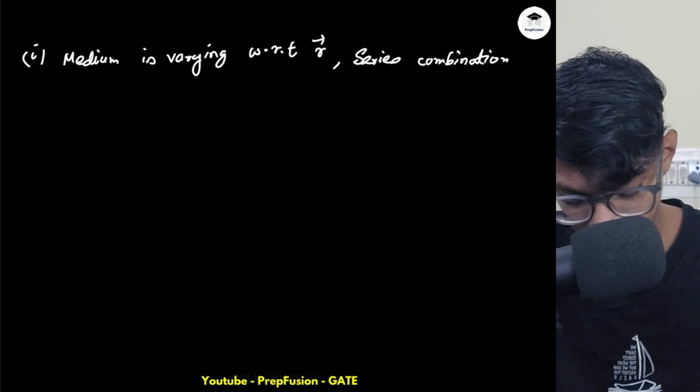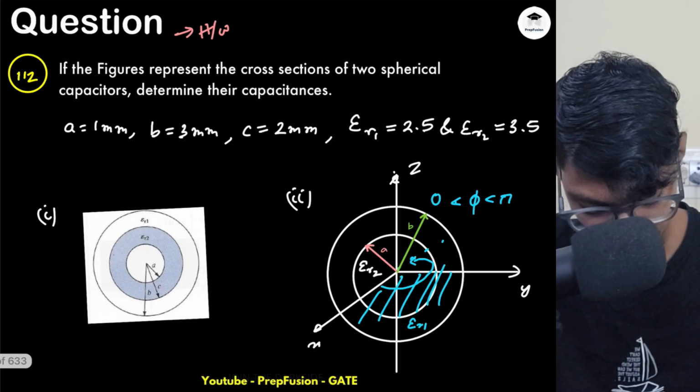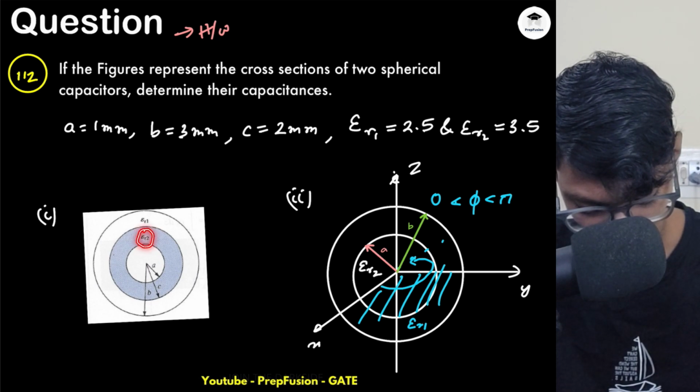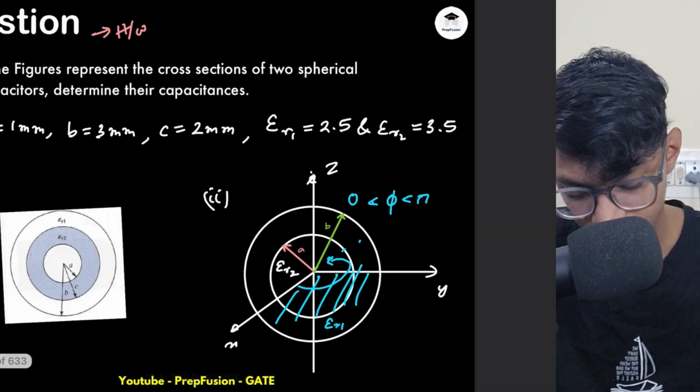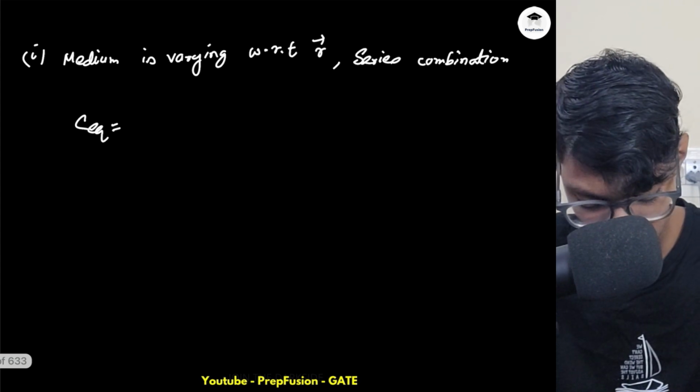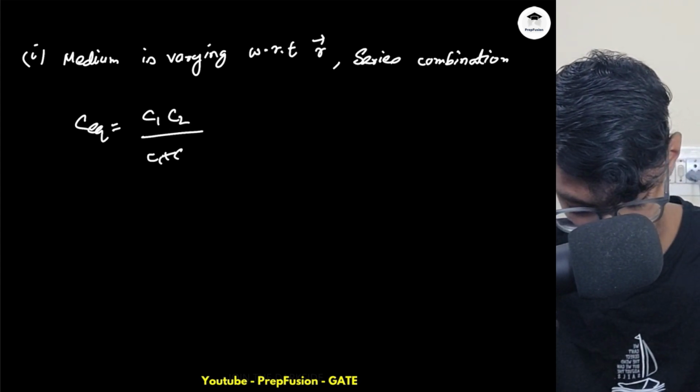Series combination means my C equivalent will be, there are two capacitances, one due to this medium, another one due to this medium, correct? This is epsilon R2, this is epsilon R1. Remember, they have been flipped now, so just be careful about that. Okay, so it will be C1 C2 divided by C1 plus C2.